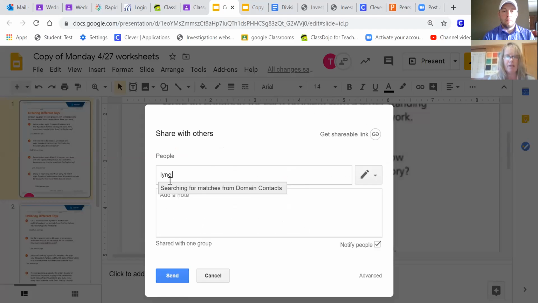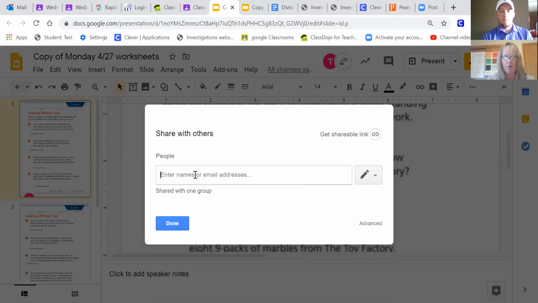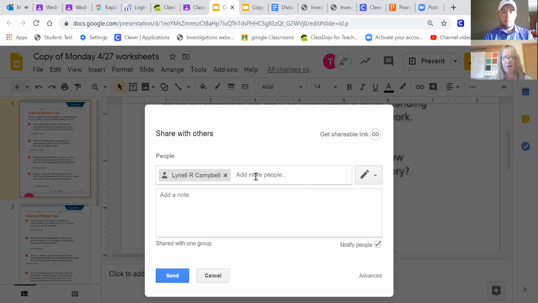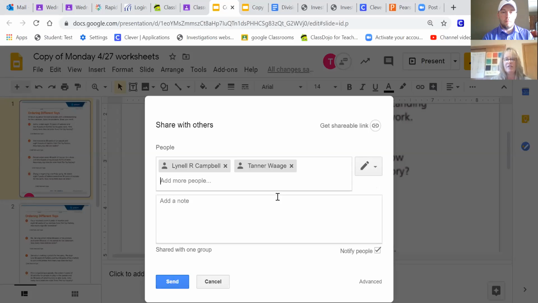When you type it in, you can see right here, for example. And then it says add another person. You're going to do Tanner Waage, and that comes up. Those are the 2 that you're going to do. You're going to hit send, and then everything will come to us so that we can look at your worksheets.